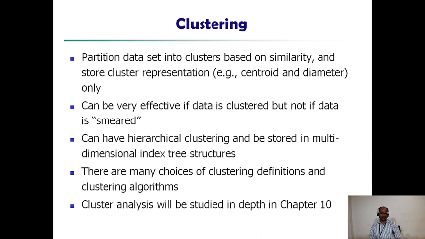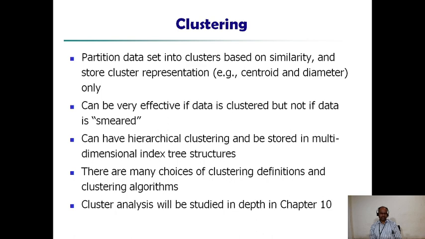We have clustering, means partitioning data into different kinds of clusters based on similarity, and we store the cluster representation. For example, centroid and diameter can be very effective if data is clustered but not if the data is smeared. We can have hierarchical clustering and store it in multi-dimensional index entries. Means all these points represent how we will cluster.